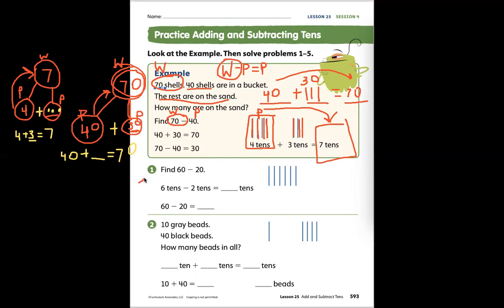Problem number 1. Find 60 minus 20. Ooh, there's a minus sign that tells me that this is whole minus a part equals the part. So we could draw our number bond.